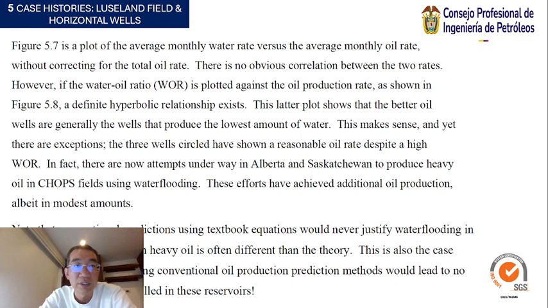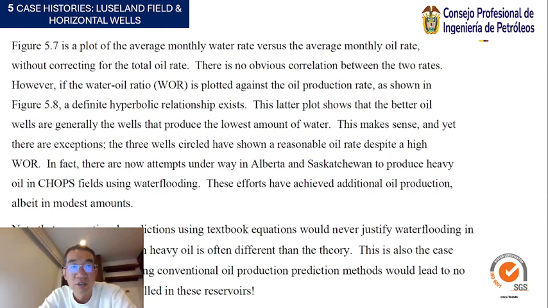Figure 5.7 is a plot of the average monthly water rate versus the average monthly oil rate, without correcting for the total oil rate. There is no obvious correlation between the two rates.